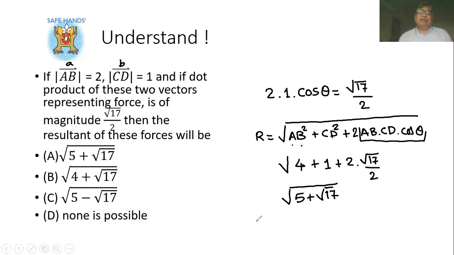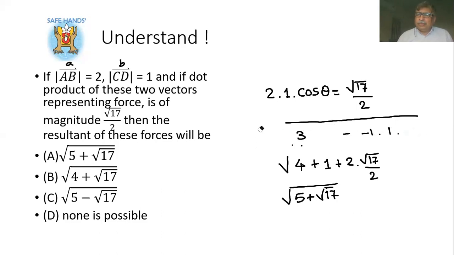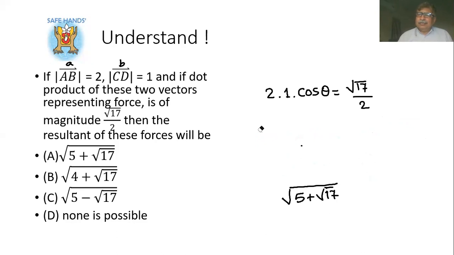Many of you are having A choice as the correct answer. But all this is total meaningless. This is okay, whatever you have written. This is also okay. Sir, then if everything is okay, why not the answer is like this? The problem is very elementary. We are very intelligent and we forget the very simple things over there.